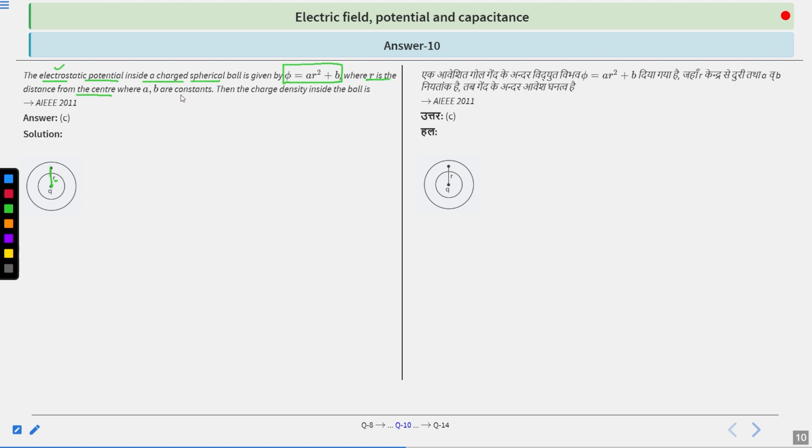And where A, B are constants from this equation. Then the charge density inside the ball is what? So we have to find the charge density inside the ball.